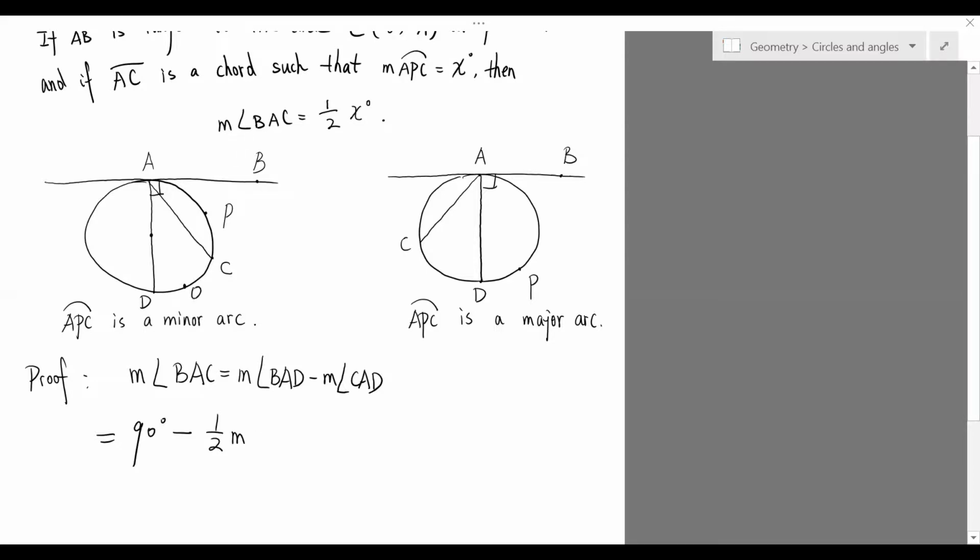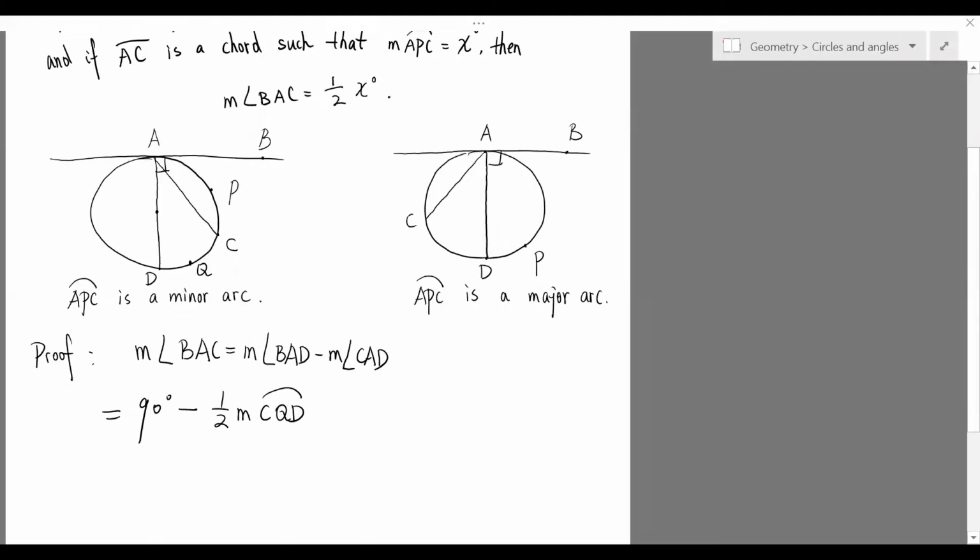For the sake of reference, we're going to put a point down there as Q. So the arc CQD is referring to the arc intercepted by this inscribed angle CAD.